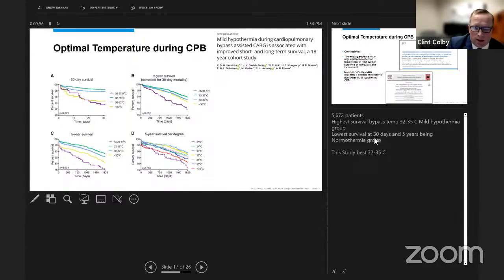This covered 5,672 patients. Highest survival bypass temp was 32 to 35 C. They targeted the 32 C, but as you get closer to the 35 range, so 32 to 35 show the greatest results.